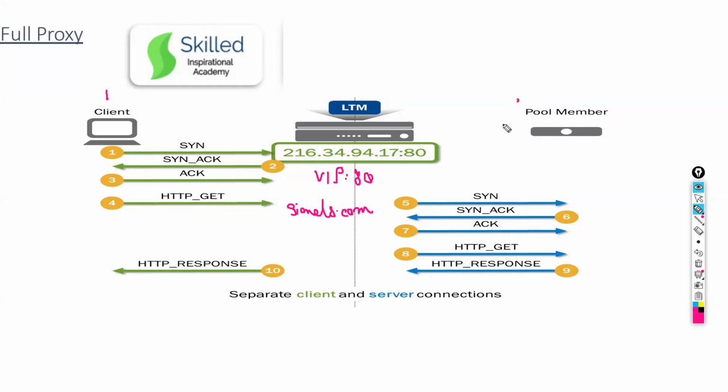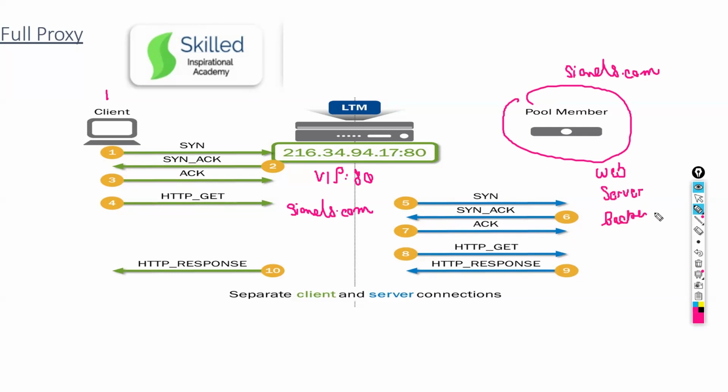And then you have a pool member where your original application is hosted. Pool member is nothing but your web server. Some people say web server, some people say backend server, and some people say application server also.